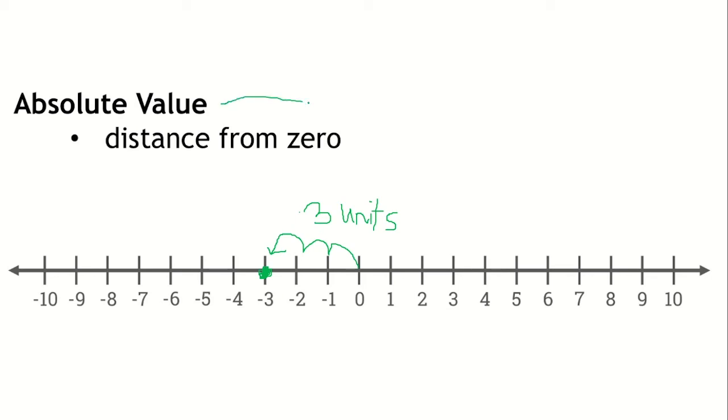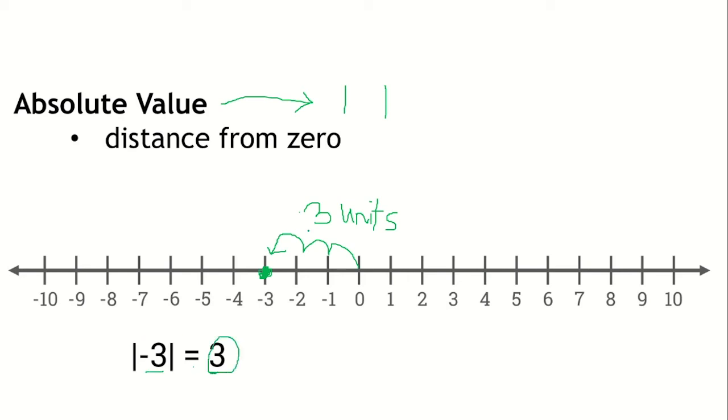Now, to write this statement in a shorter version, we can use two vertical bars as the indicator of absolute value. So, based on what we've said a while ago, we can write it as the absolute value of negative 3 is equal to 3.